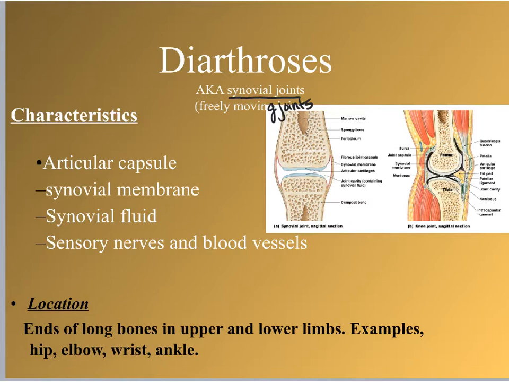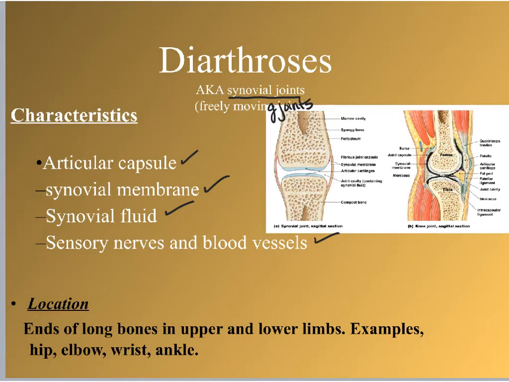They're all going to have a capsule, a fibrous connective tissue or a dense connective tissue capsule around them. I'll show you this in the next picture. They're all going to have what we call a synovial membrane. Inside of that articular capsule is going to be filled with synovial fluid, and it's going to be innervated by blood vessels and nerves.